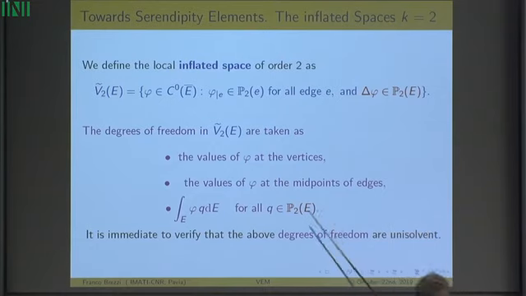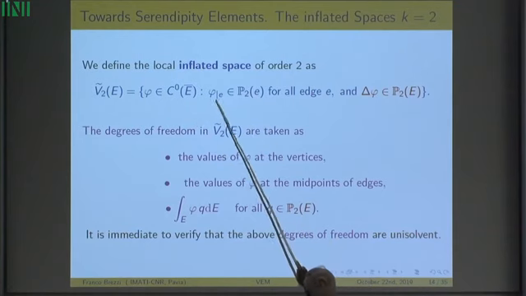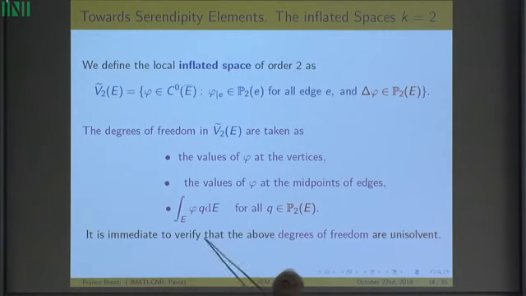And the idea is, you remember that before I had, say, k equal 2, okay? You have functions which are P2 on each edge, and the Laplacian was in P0, constant. Now, the Laplacian in P2. And then the degrees of freedom will be the values at the vertices, the value at the midpoint of the edges, and the moments up to degree 2. So you have 6 internal degrees of freedom instead of 1. Well, good.